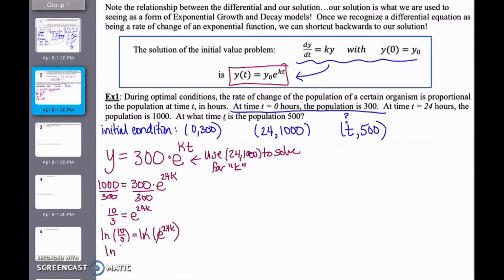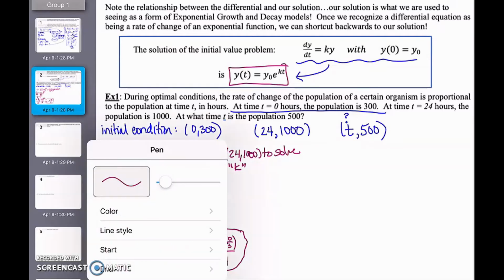So we end up with ln of 10/3 equals 24k, and then we divide both sides by 24. We end up with k equal to ln(10/3) divided by 24. For right now, I'm just going to leave it in that form, because that is the most precise value of k. If I turn it into a decimal, I start rounding, and then my information is not as accurate anymore.